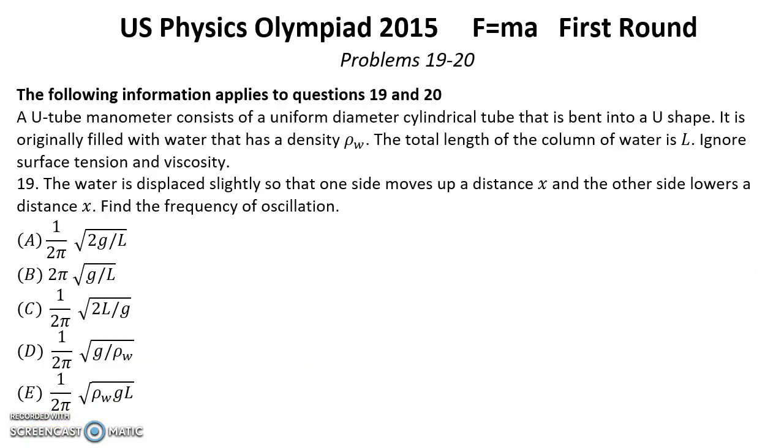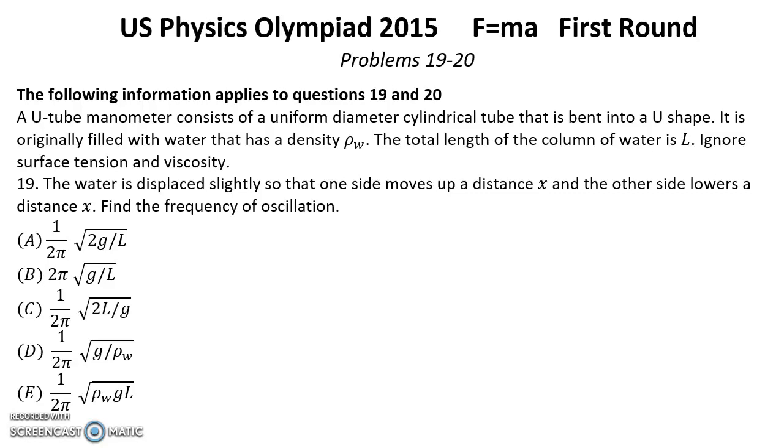Problems number 19 and 20. The following information applies to questions 19 and 20. A U-tube manometer consists of a uniform diameter cylindrical tube that is bent into a U shape. It is originally filled with water that has a density ρW.